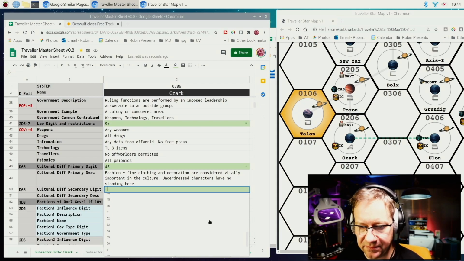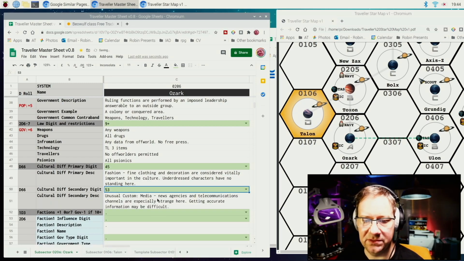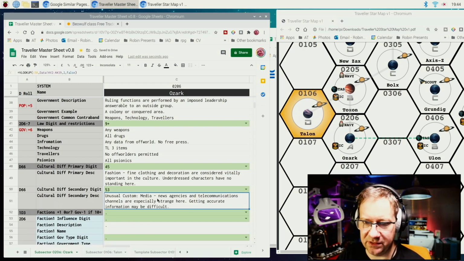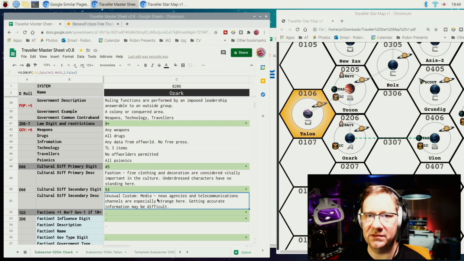This isn't actually in the book, to tell you to do a second one, but I just decided to put it in here because I wanted a slightly secondary aspect. Everybody recognizes the Ozark system for its fashion and fine decoration, etc. But actually behind the scenes, they also have an unusual custom: media. News agents and telecoms channels are especially strange. Getting out of them may be difficult.